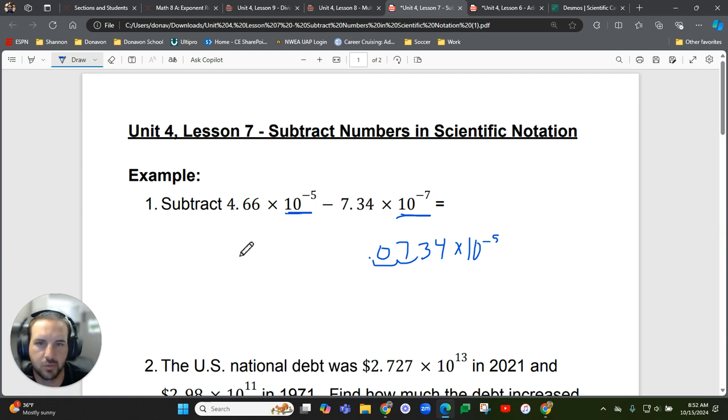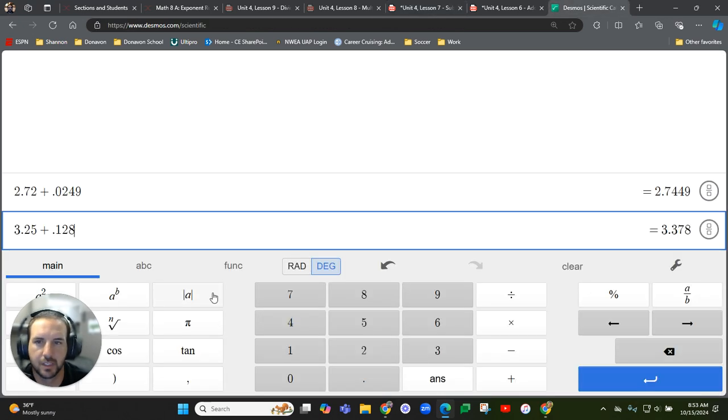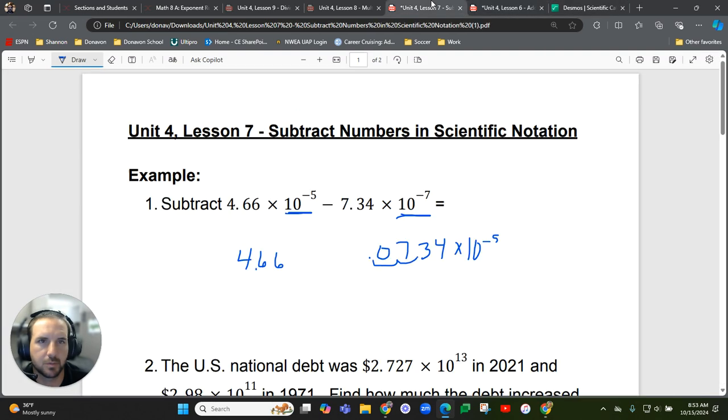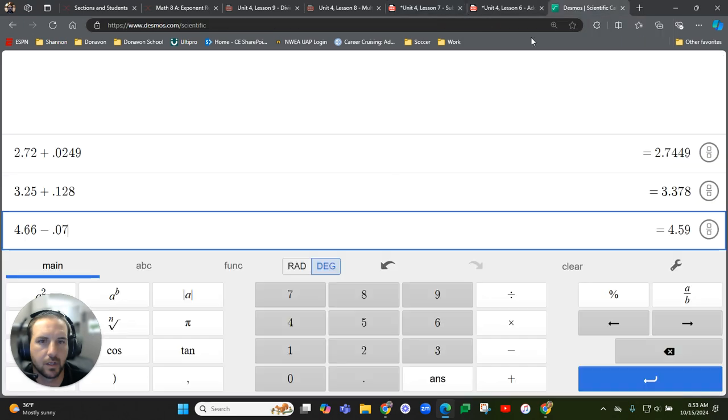Okay, so now I'm just going to subtract the coefficients. So 4.66 minus 0.0734, and I'm going to use decimals for that, because off the top of my head, I don't know what that is. So 0.466, minus 0.0734.